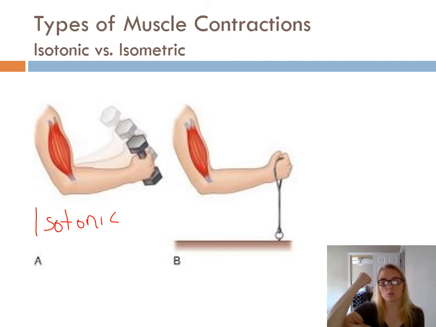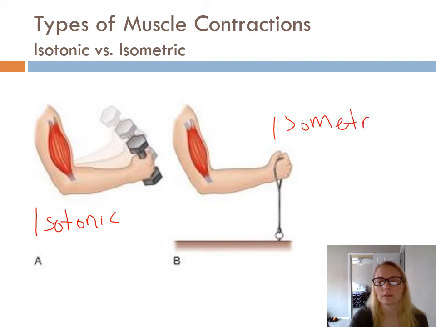So this is isotonic contraction, where this one over here is isometric. Again, iso meaning the same, metric meaning length. So in this case, he's pulling up on something that's bolted to the ground. So imagine you trying to push a wall or lift something that's 500 pounds. You can't, I guess, unless you're an Olympic weightlifter.